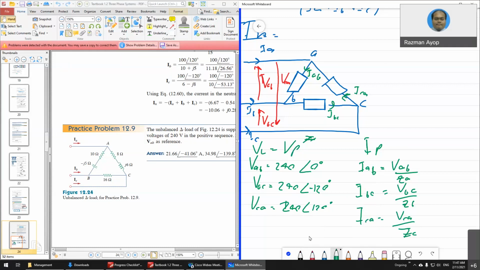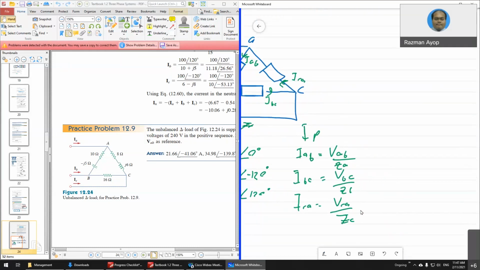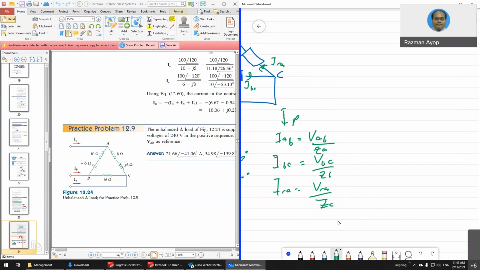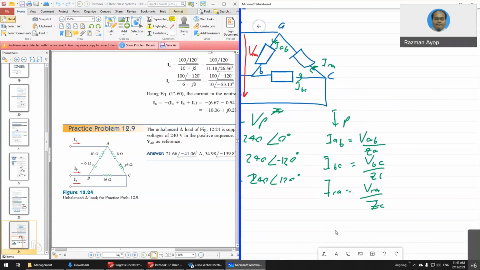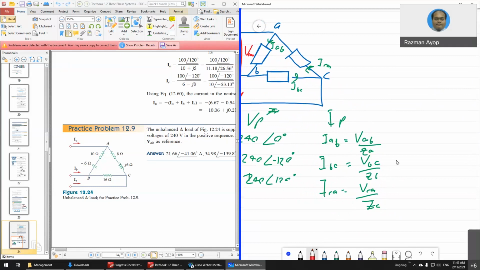We move to the next part. You use your calculator to calculate this. So VAB is 240 angle 0 divided by ZA.